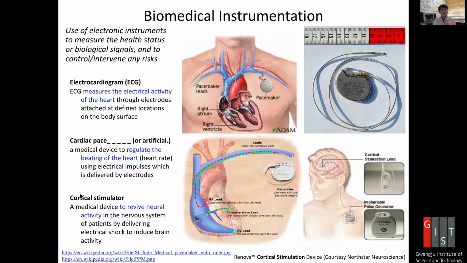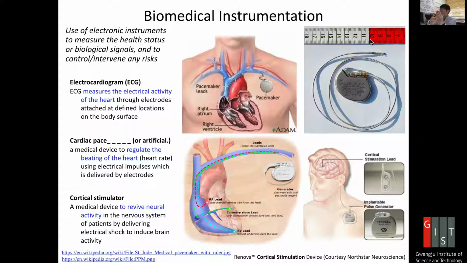This cortex means, in fact, the outer layer of the brain, so the cerebral cortex. So this medical device is to revive neural activity in the nervous system of patients by delivering an electrical shock to induce brain activity.